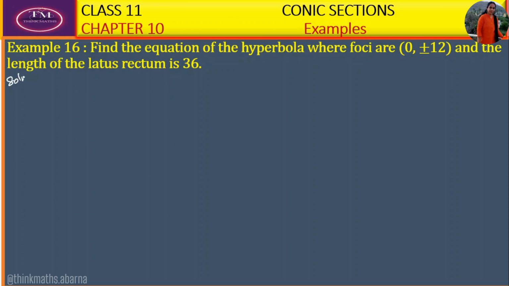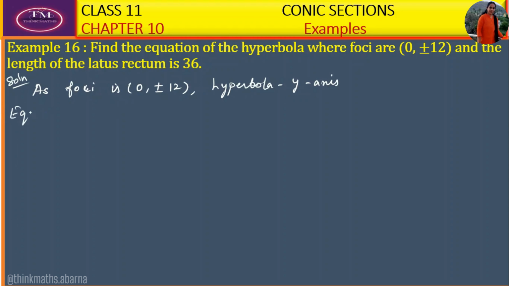So what are all given as focus is 0, plus or minus 12. Hyperbola will be in y-axis. So if it is in y-axis, equation will be y square by a square, not plus, it is minus x square by b square equal to 1.